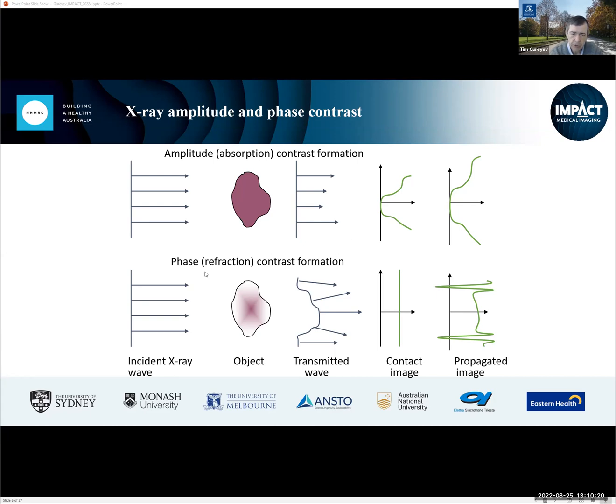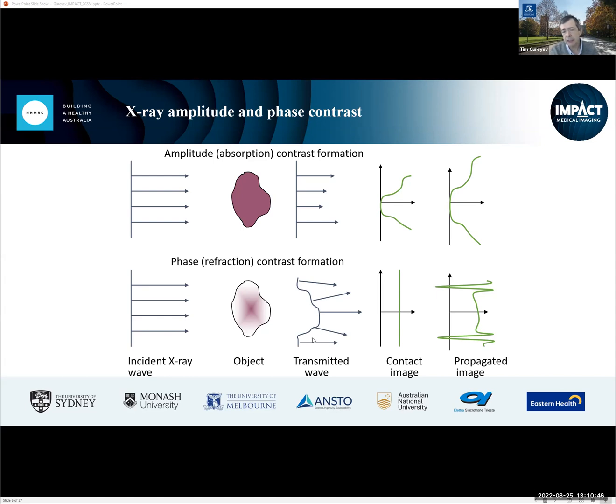The refraction contrast is based not on the absorption, but on the deviation of the trajectory of X-rays upon their interaction with the object. And that refraction is usually the strongest at the edges and interfaces in the object. Therefore, the edges get somewhat emphasized in the images.